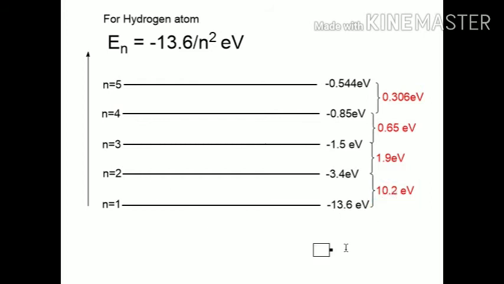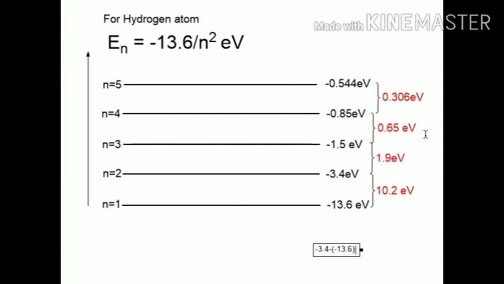So how did I calculate this energy difference? Upper minus lower: minus 3.4 minus (minus 13.6). I did upper minus lower and got 10.2 electron volt. So this is the difference between n equals 1 and n equals 2.